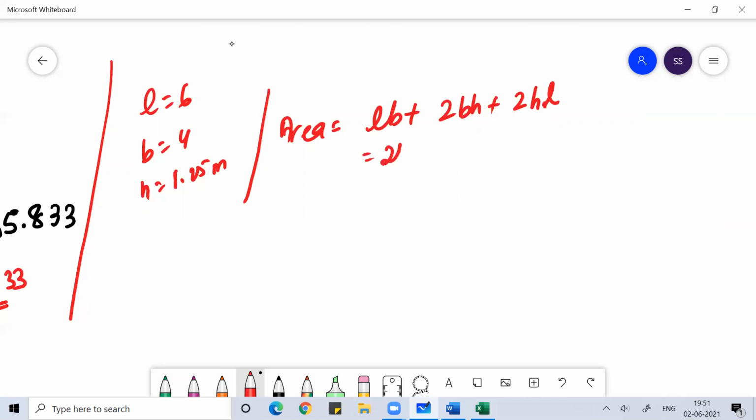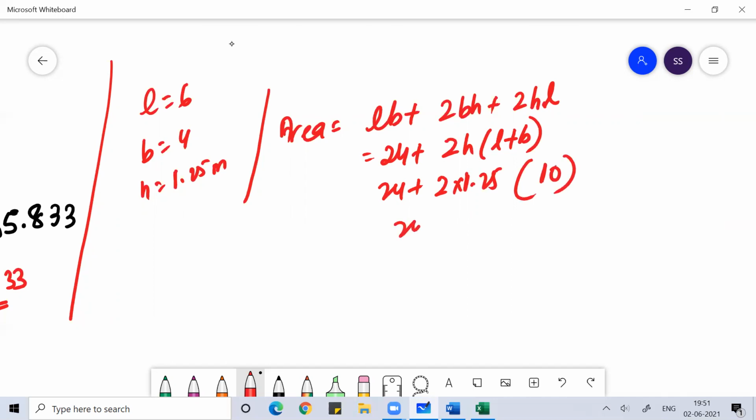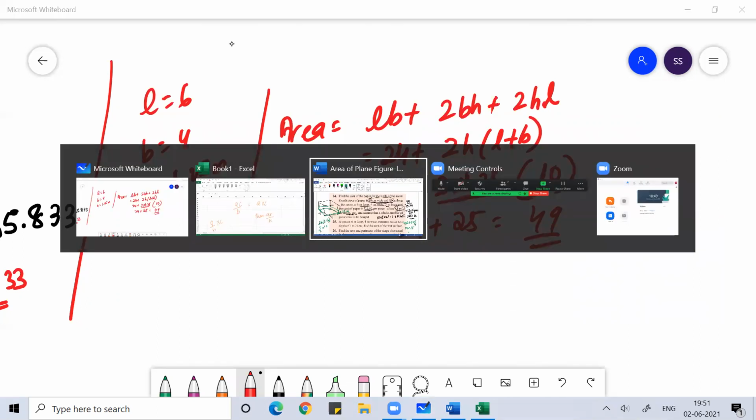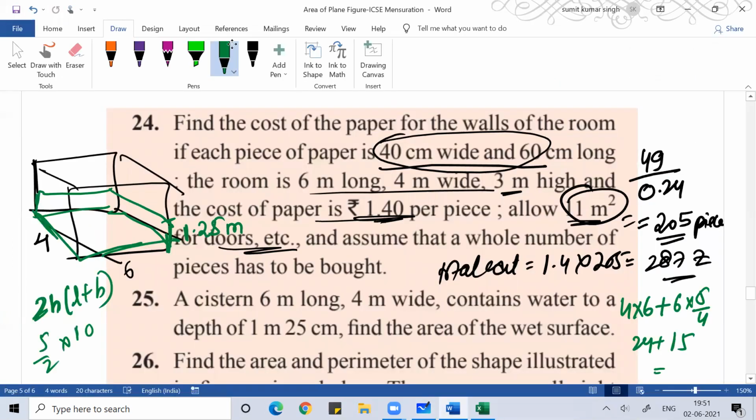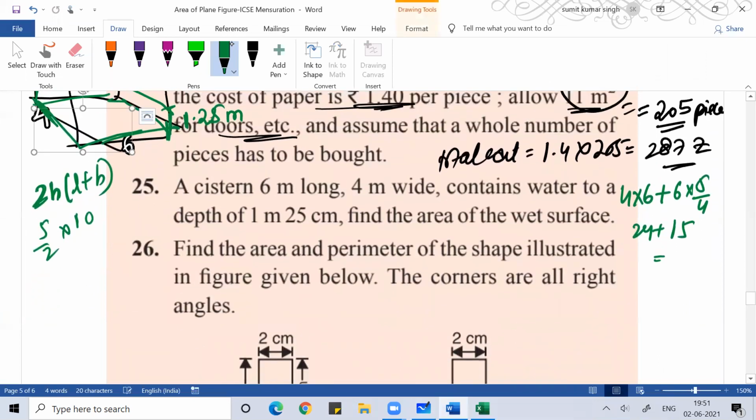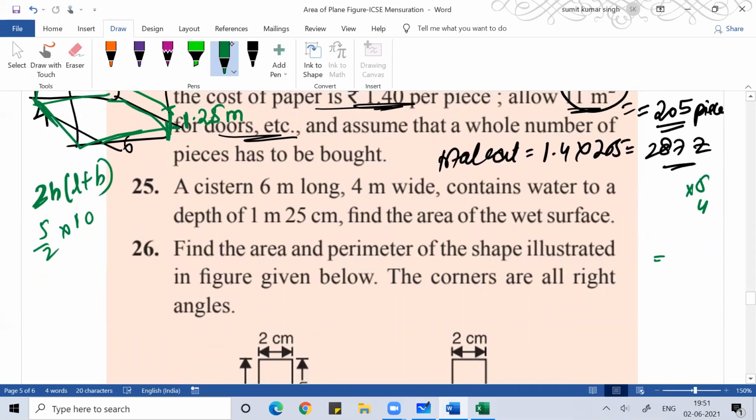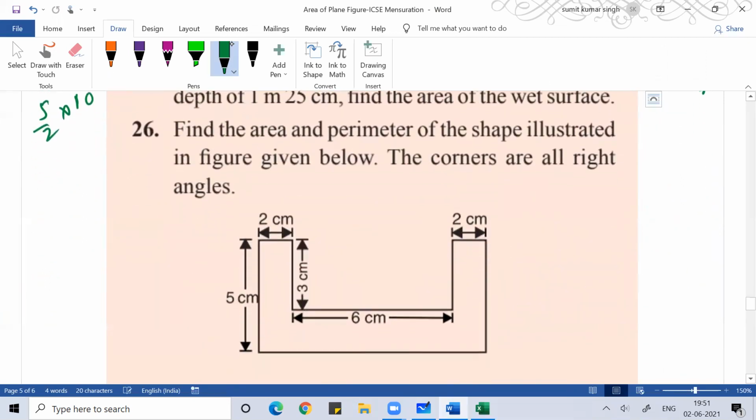So this is 24 plus 2 into H, 1.25, into L plus B, that is 10. This is 24, this is 2.5, this is 25. Correct? Except roof will include all the remaining.